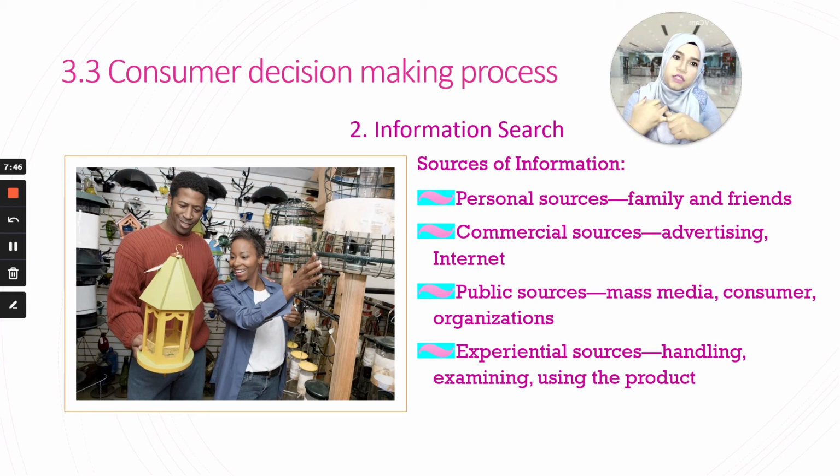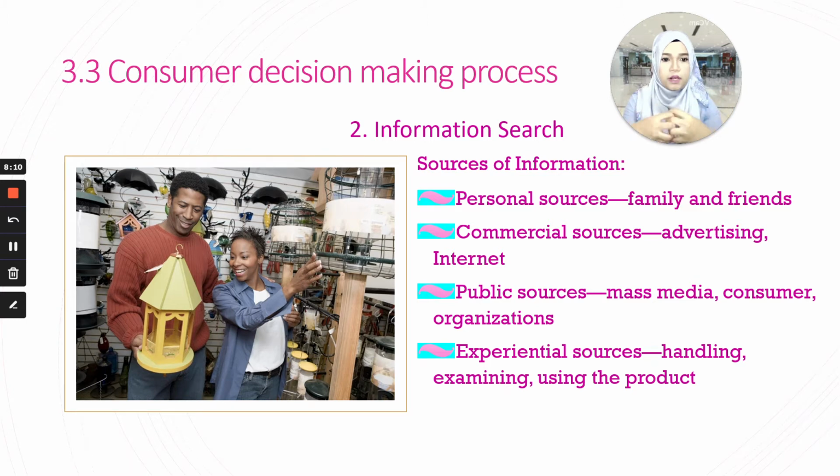Personal sources could be from your family, okay, your mother, your father, your brother, your siblings, okay, your cousins, and also your friends. While commercial sources, these are from the companies itself, like an advertisement, okay, or the internet, like the official website, their official social media page, all right, that will be the commercial sources.